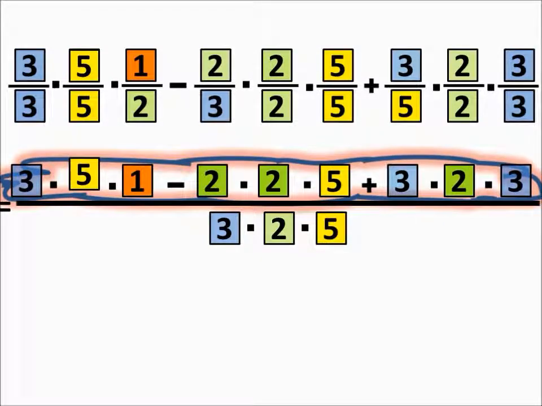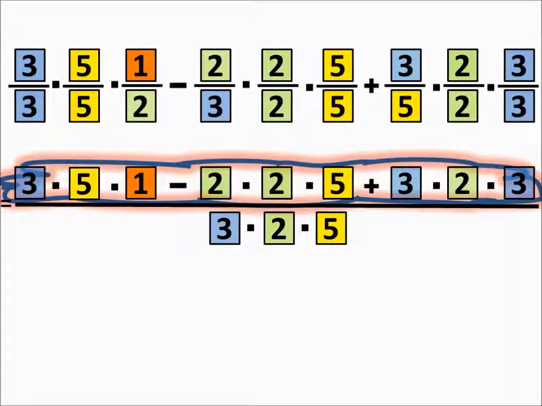This big numerator is represented here by this big cloud landing on the top of the fraction. And that takes us to step 4, which is that of simplification.